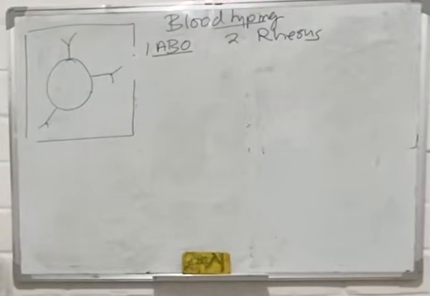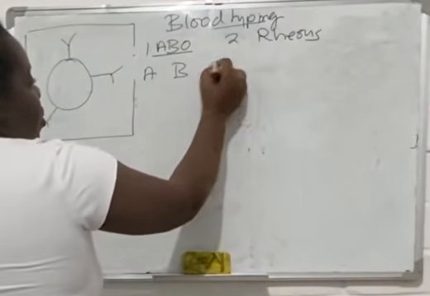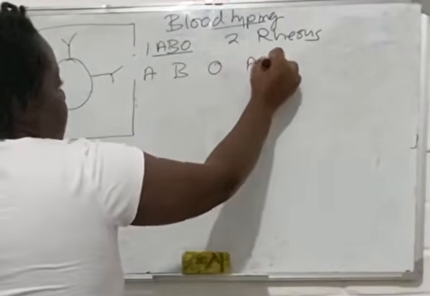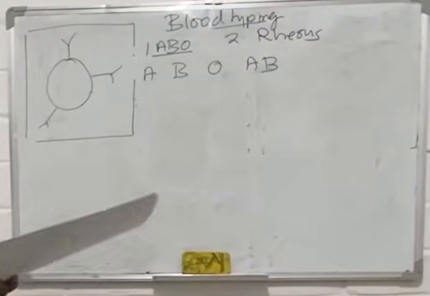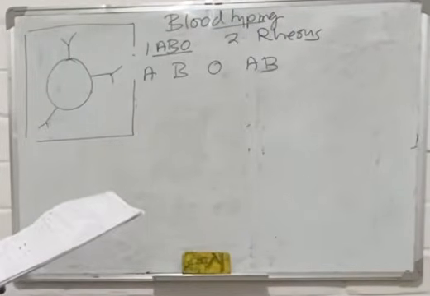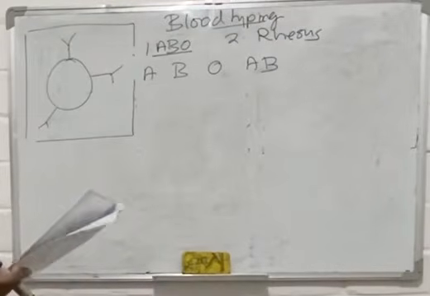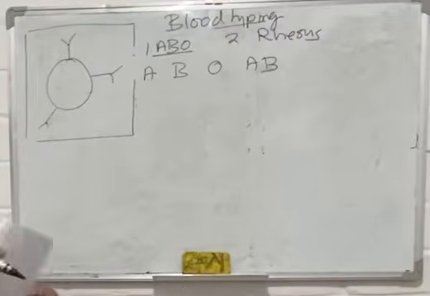That is A, B, O, and AB. And all of these, as earlier referred to, are antigens that are found on the surface of the red blood cell.